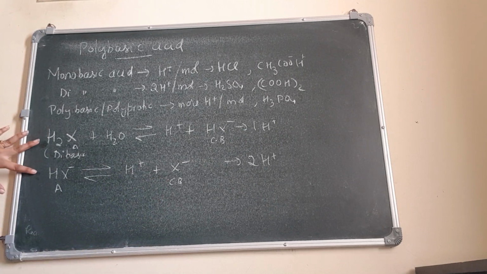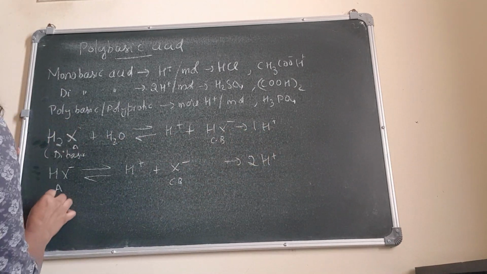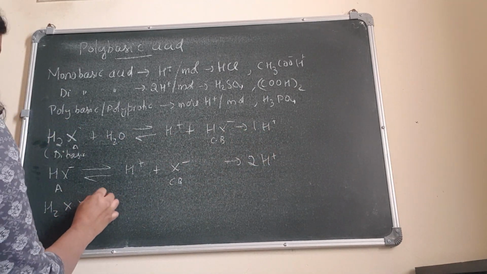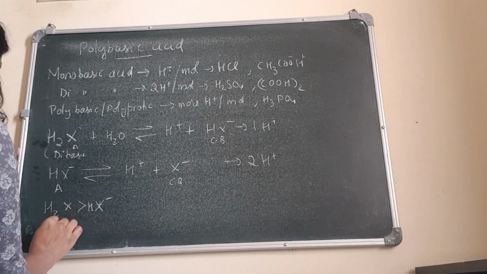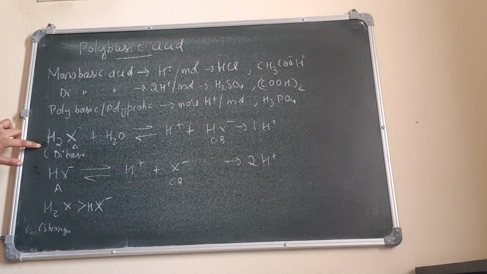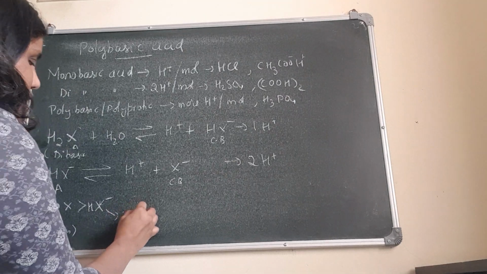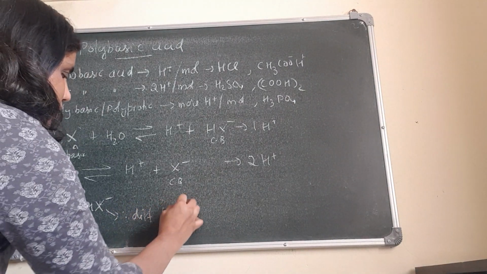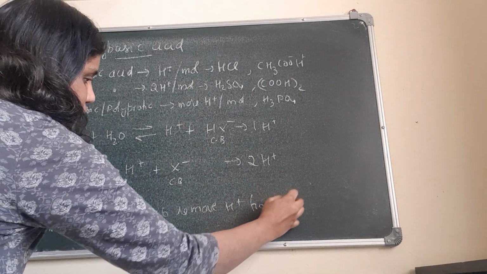So now I have two acids. Out of them, this is going to be the stronger acid. So I will say H2X is stronger than HX minus. This is a stronger acid because the tendency to give a proton is stronger here, since it only has to lose one proton. But once it is converted into HX minus, it is difficult to remove H plus from a negatively charged ion.